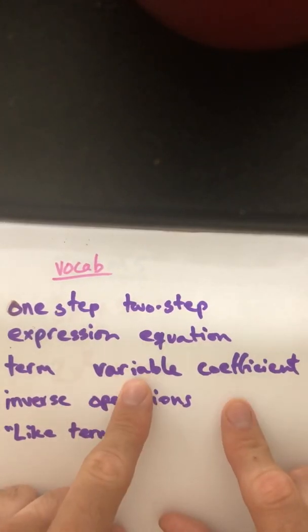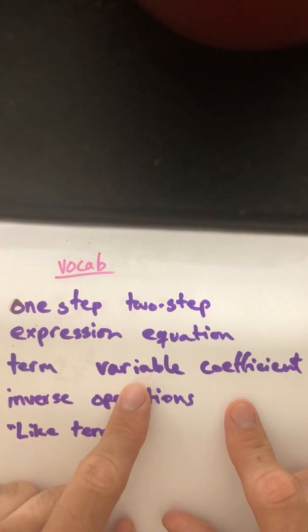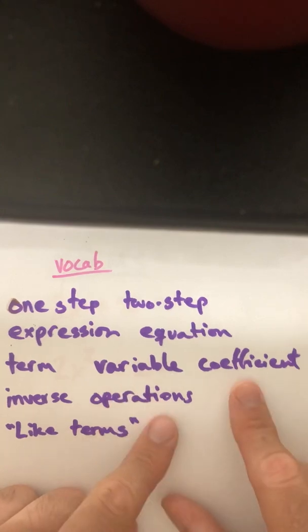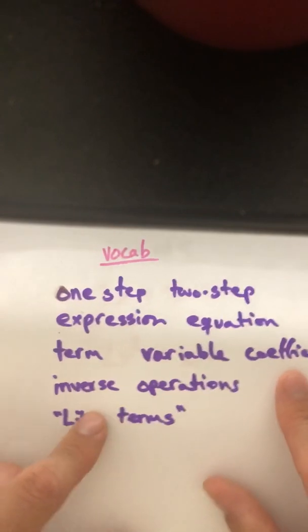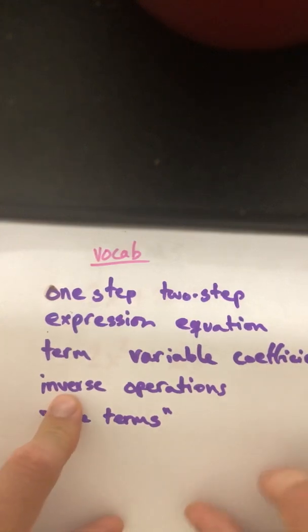The variable is the letter. It's a placeholder for an unknown, or it's a substitute for a number. A coefficient is the number in front of the variable, and that tells you how many of those things you have because you're multiplying it.